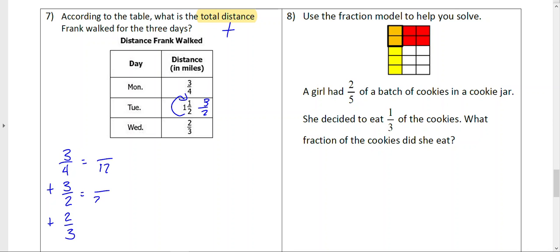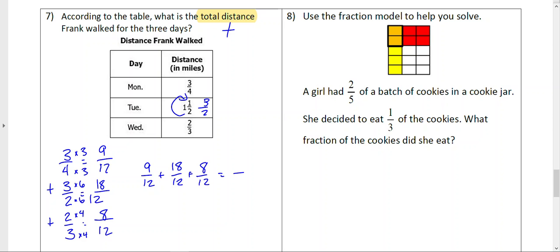So I can change all my denominators to 12. 3 times 4 makes this 2 times 4, which is 8. 2 times 6 makes this 3 times 6, which is 18. 4 times 3 makes this 3 times 3, which is 9. And then I can add them, so that makes this 9/12 plus 18/12 plus 8/12.